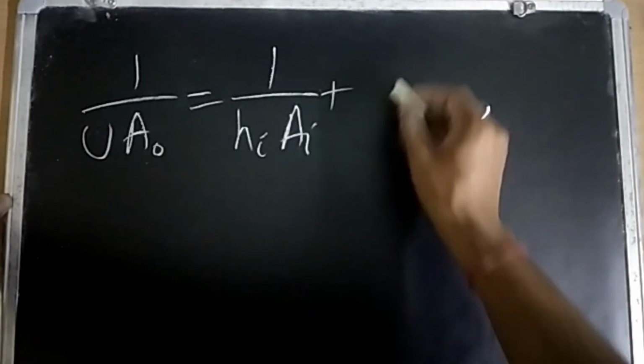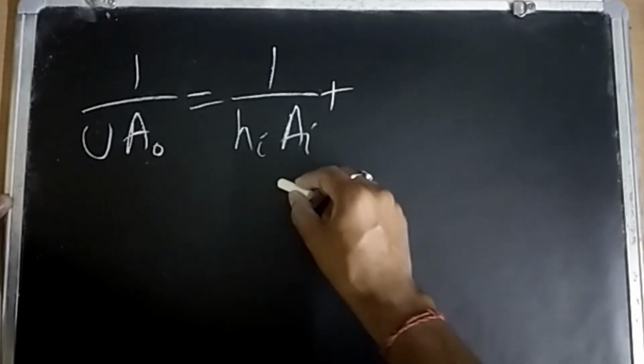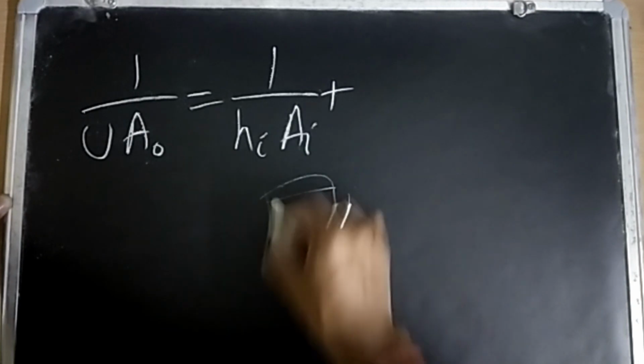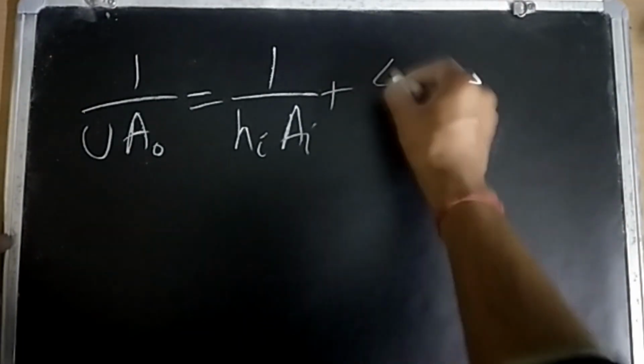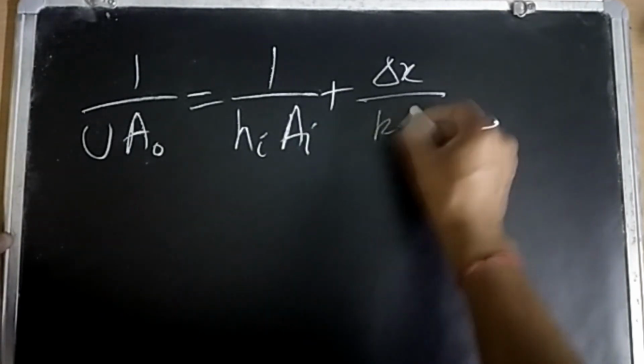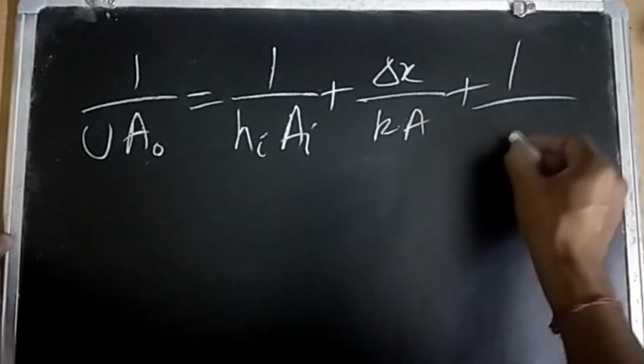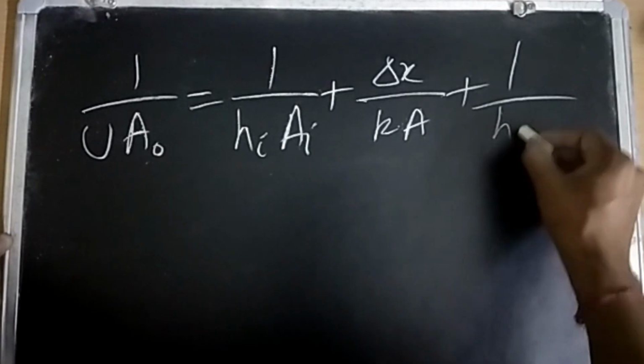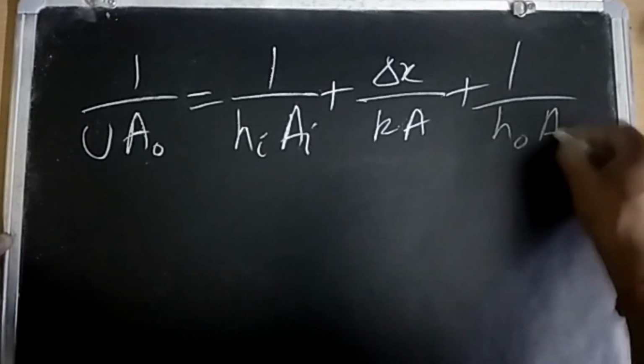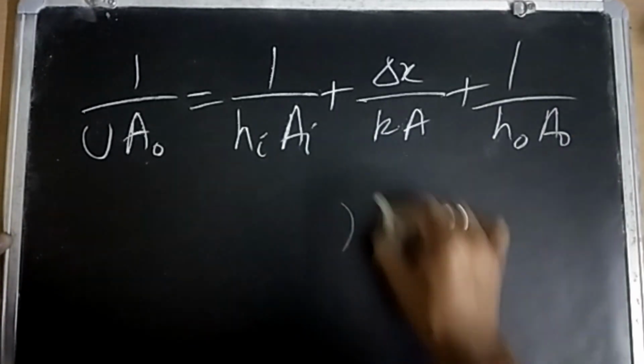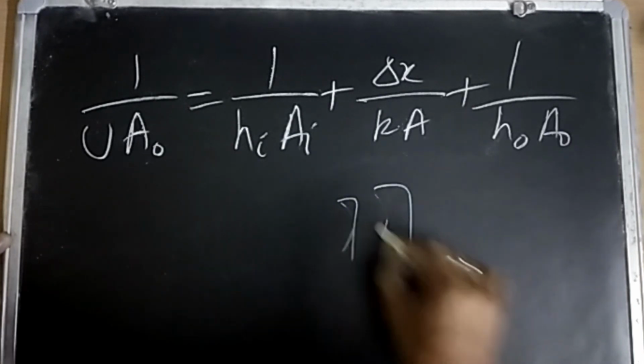Now in the conduction, if it is a wall, let's say a cubical tube, first let me write for the cubical case: it would be delta x, the thickness, upon kA, along with the outer convection and inner convection. Here it is a wall.